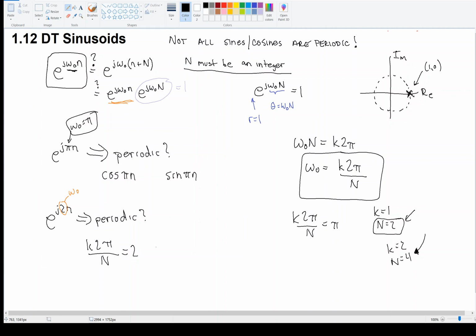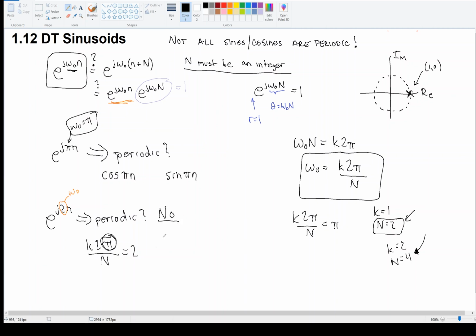No, because of the pi, actually. Pi is irrational, and it's definitely not an integer. So how am I going to get rid of that pi with choices of integers k and N? I'm not going to be able to. So there is no choice for k and N, and so we deduce that no, this is not periodic.